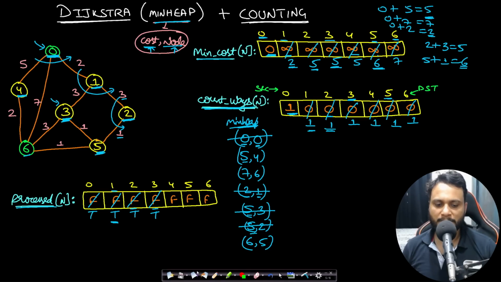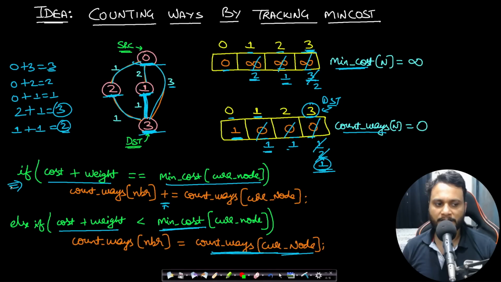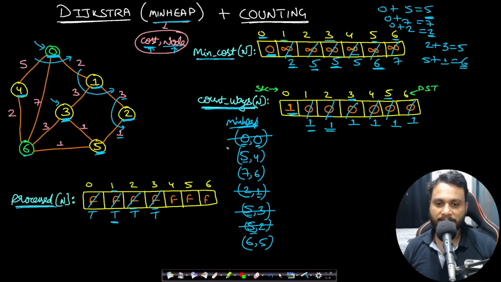So if the minimum cost and this cost are the same, then you are checking the first condition where the count of ways will get added, because this is another way to reach the same node through the same minimum cost. And so the count of ways at 3 is 1. So 1 will get added here and this becomes 2. Simple, right? And we will not be pushing this node because it is already pushed, isn't it?